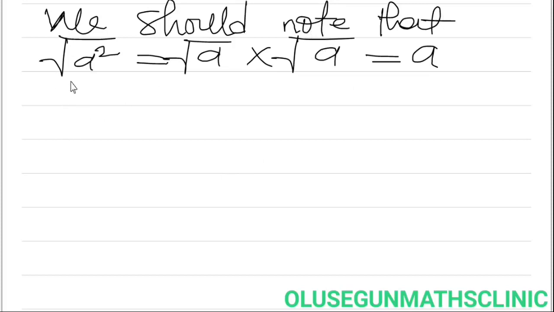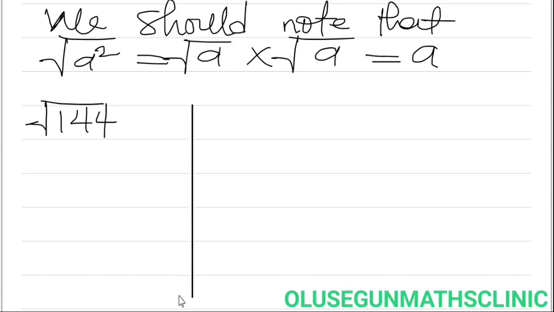So if we were given a question like find root 144, the first thing you do, as we have explained before, is to find the factors of 144. Let's try to find the factors of 144. So now let's have the factors of 144.